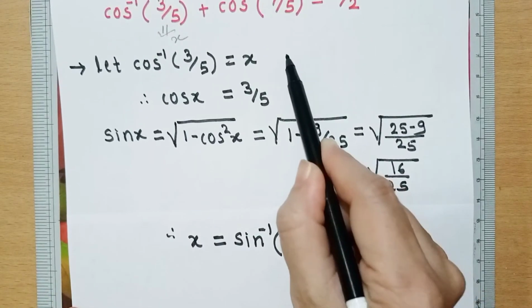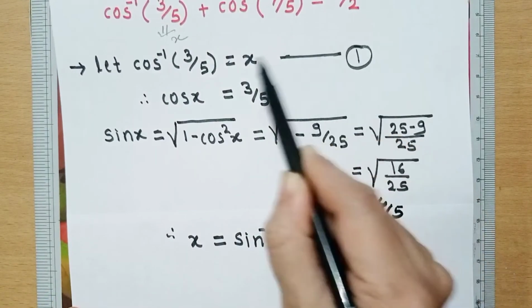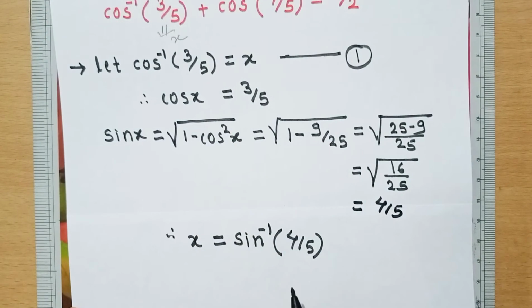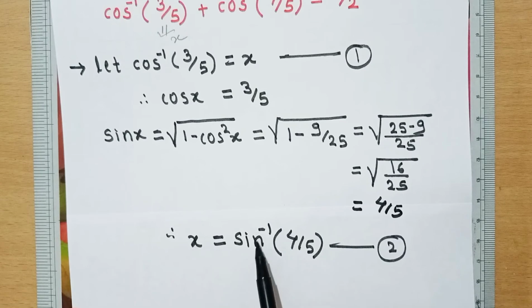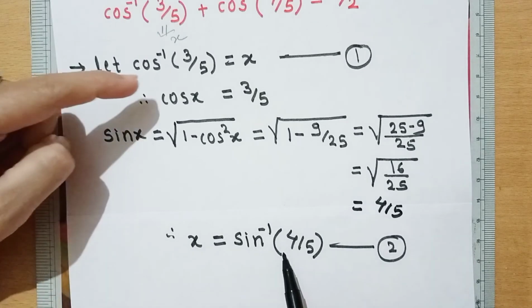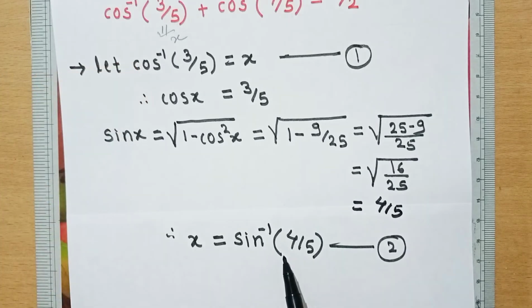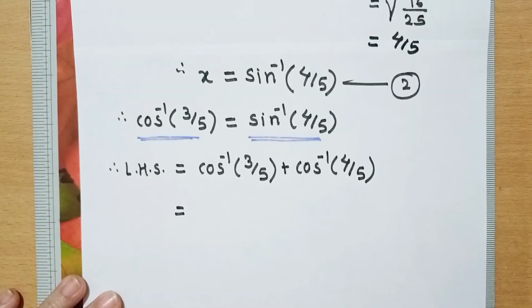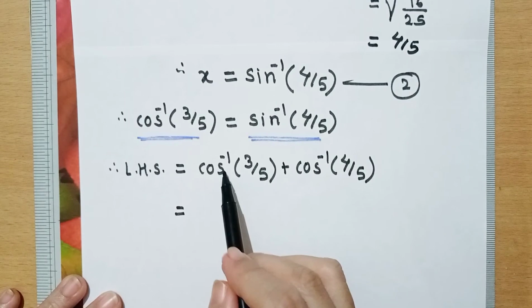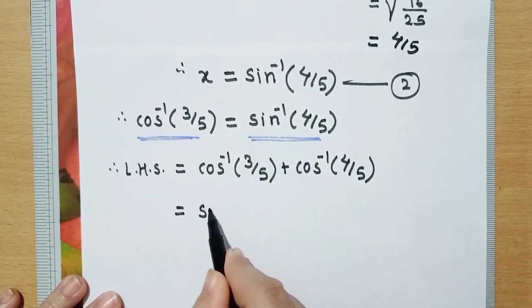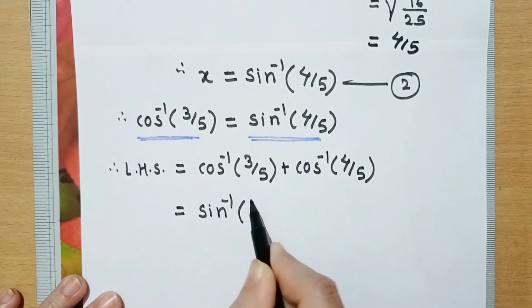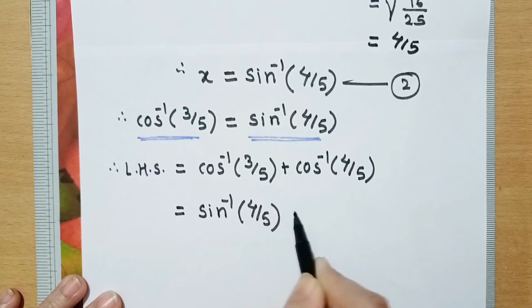Now check, here we are saying x is equal to cos inverse of 3 upon 5 and here we are saying x equal to sine inverse of 4 upon 5. That means these two values must be equal and therefore we will substitute this equal to sine inverse of 4 upon 5 plus this as it is.